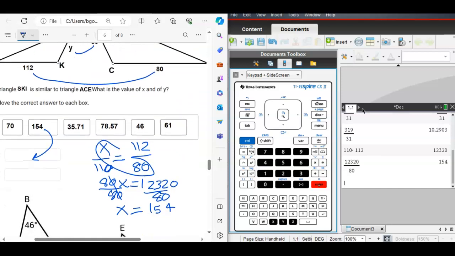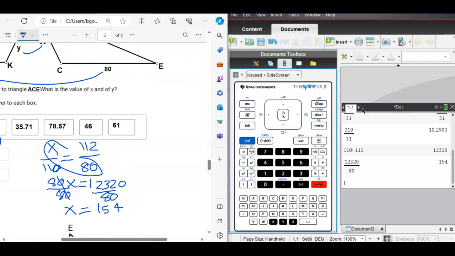And then y over 50 equals 112 over 80. Then again, you got to cross multiply and divide. Y times 80 is 80y.